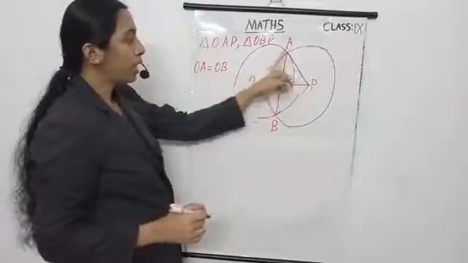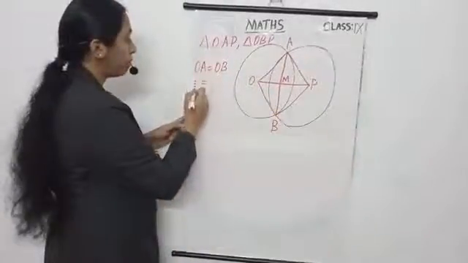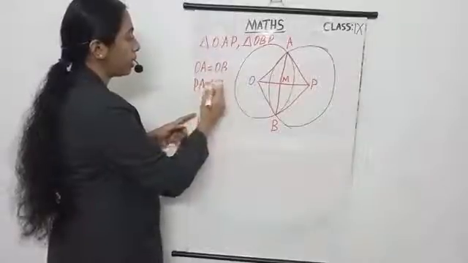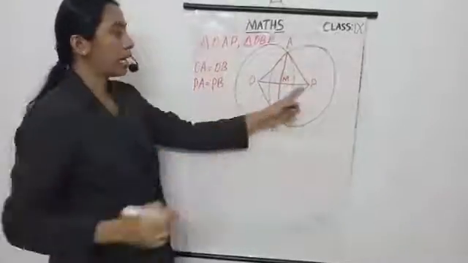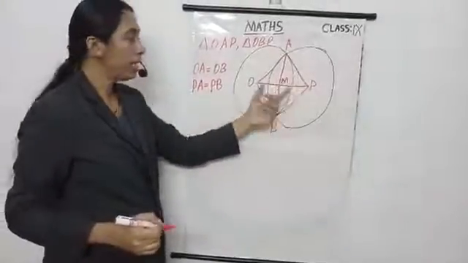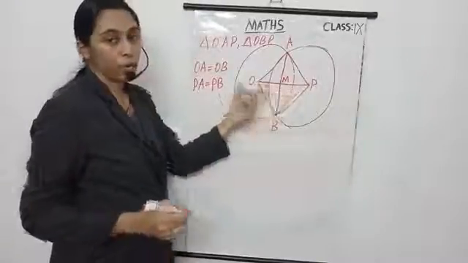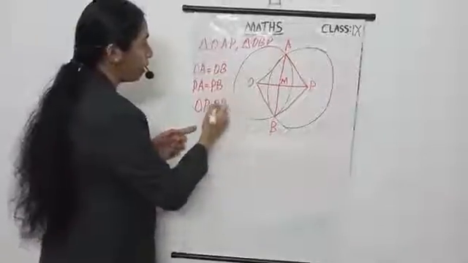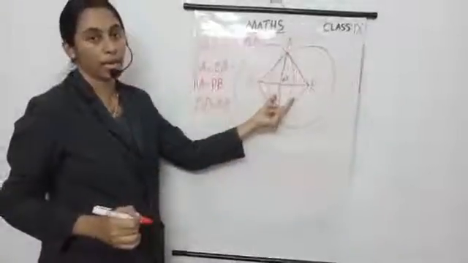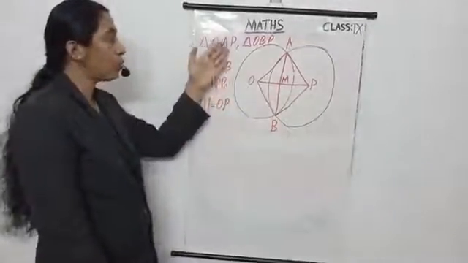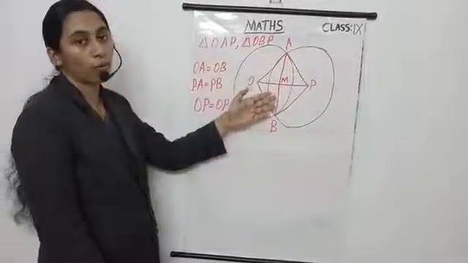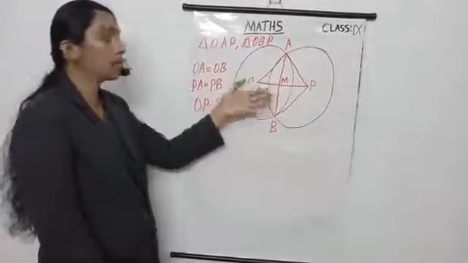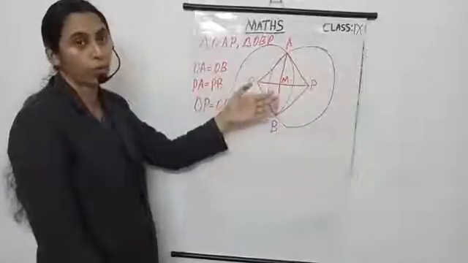Then PA equals PB, both are radii of a circle. Now OP equals OP, common for both the triangles.